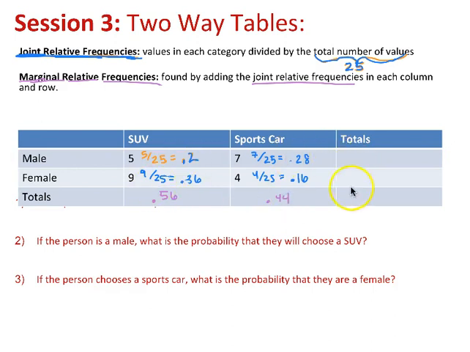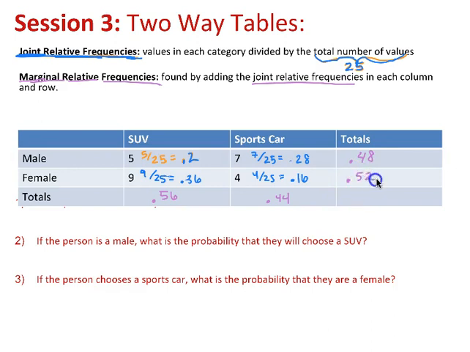And now I'm going to do the totals for my rows. So the marginal relative frequency of males is 0.2 plus 0.28. We get 0.48. And do the same thing for the marginal relative frequency for females, adding 0.36 plus 0.16, and we get 0.52.